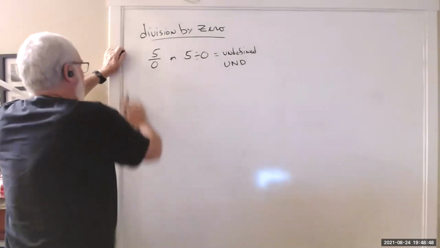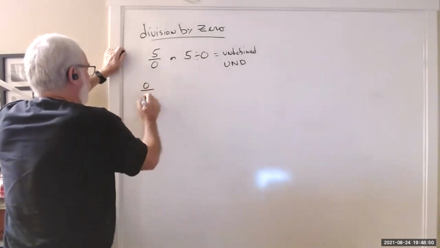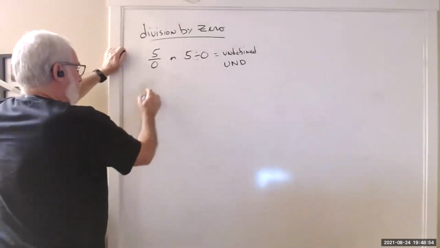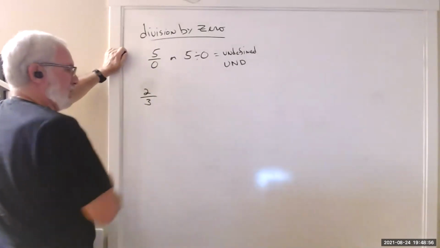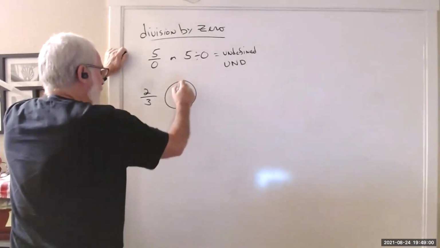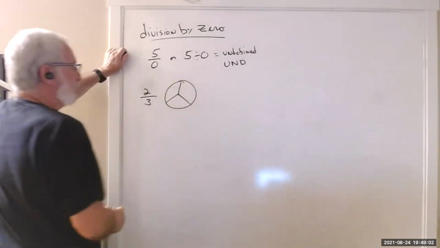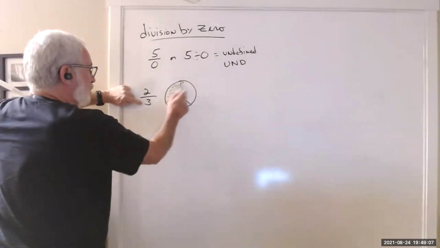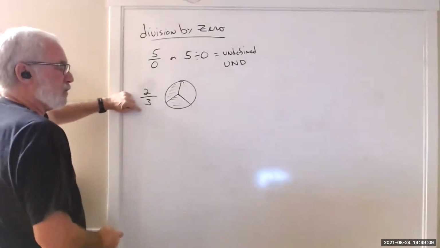Okay, couple ideas here. If you think about when you were first taught fractions, when you got 2 out of 3, you were probably taught, okay, there's a pizza, it's cut into 3 equal segments, and you got to eat 2 of them. That's what 2 out of 3 means.